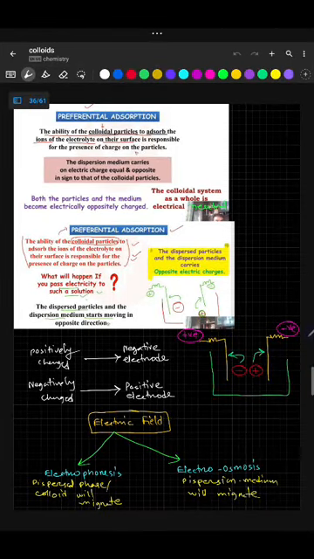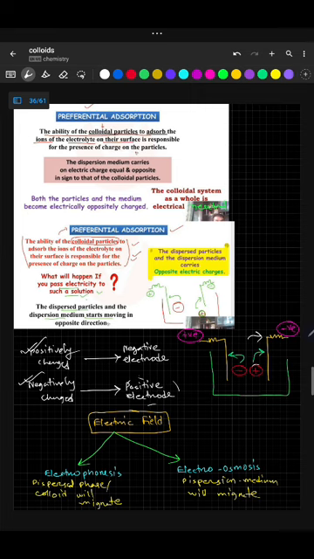And the next thing is that the positively charged goes to the negative electrode, and the negatively charged goes to the positive electrode. We all know that the negative goes to the positive electrode and the positive goes to the negative electrode. They create an electric field, and it's divided into two terms.